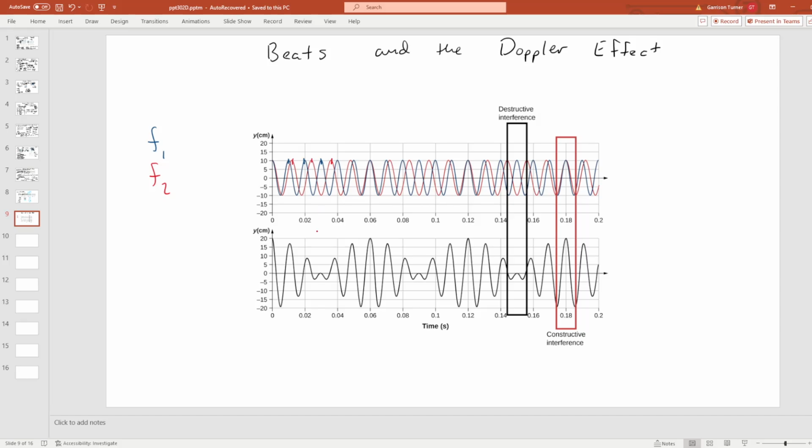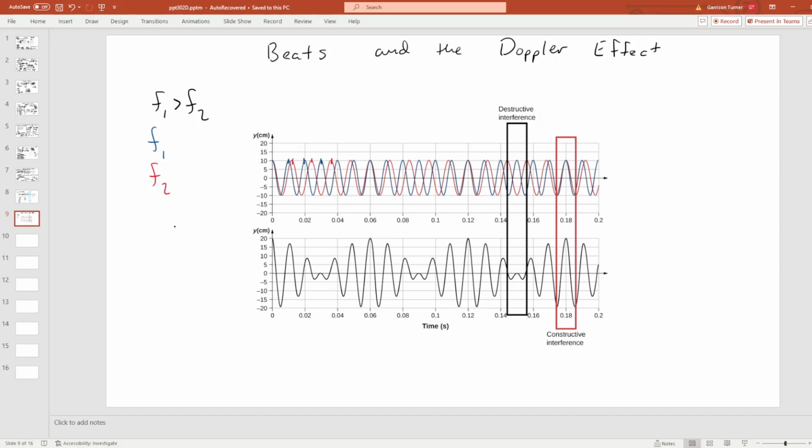In this particular example, frequency 1 is greater than frequency 2. This is not in any way a necessary statement to make. It's just for our observations for this particular example.